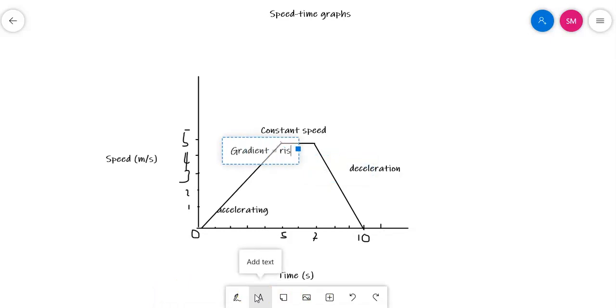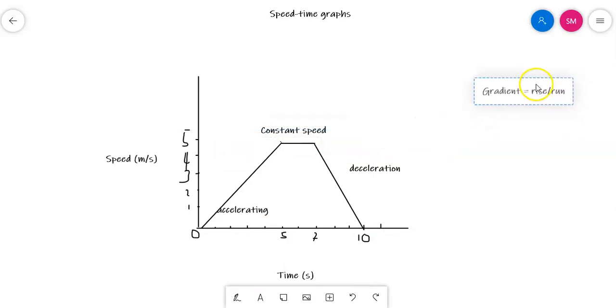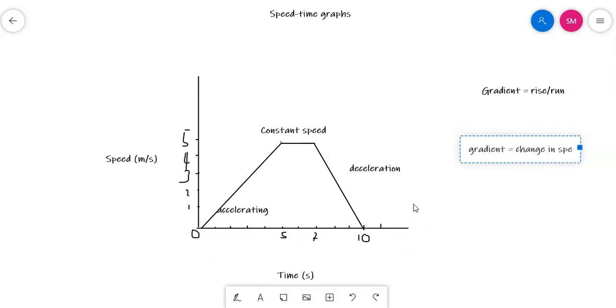In this case, the rise is the speed and the run is the time. So gradient equals the change in speed divided by the change in time.